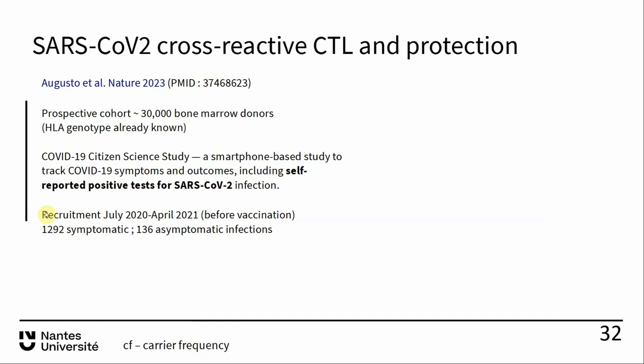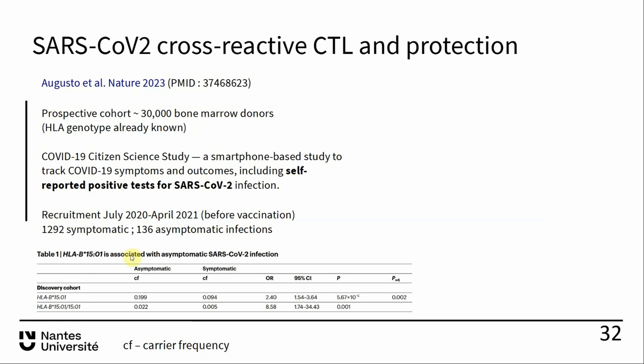And they looked at the HLA genotypes in these two groups of people, and they found that the patients with an asymptomatic infection had more frequently this HLA genotype, HLA-B15. So 20% of the people with an asymptomatic infection had HLA-B15, but only 9.4% of people with a symptomatic infection were HLA-B15 positive.